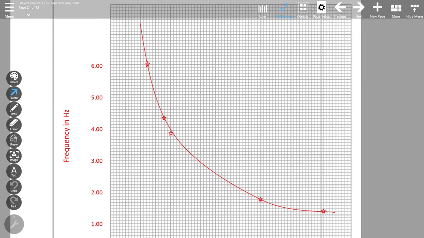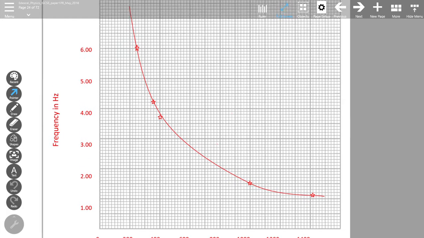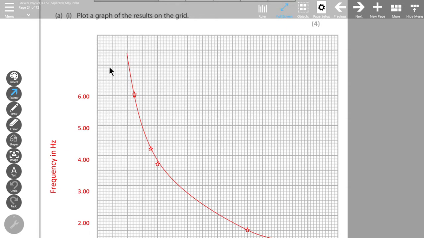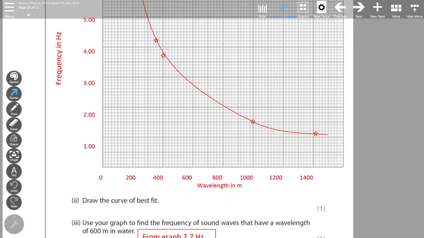So if we count the number of big boxes, 1, 2, 3, 4, 5, 6, and a bit. So I think that one box should be 1 hertz. Now about wavelengths. We have 1, 2, 3, 4, 5, 6, 7.